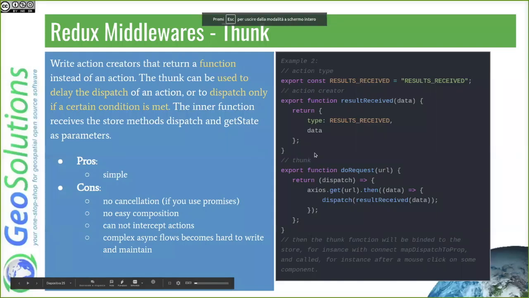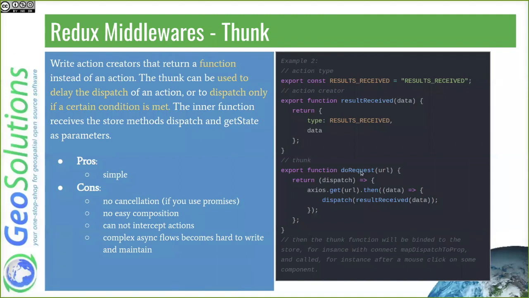As I said, I have this thunk. I can call this function somewhere in my application, for instance, click on get data, and when I dispatch this action, Redux middleware automatically calls this function and passes the dispatch callback. So I can, for instance, ask my library to get the data, and when I receive the data back, I can dispatch the action to update the result in the state.